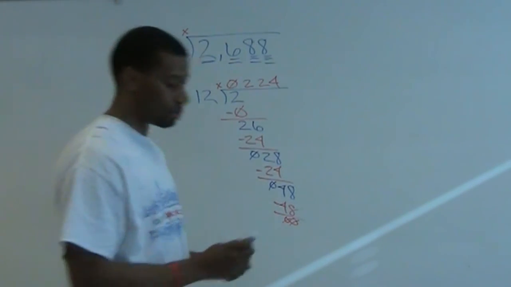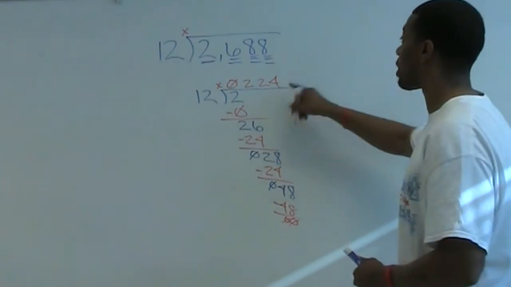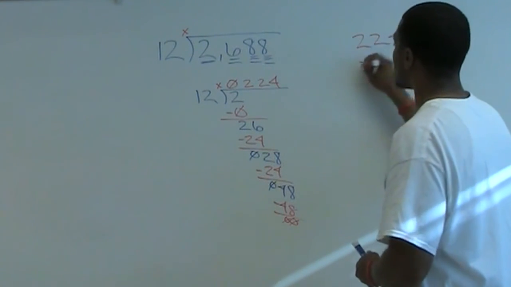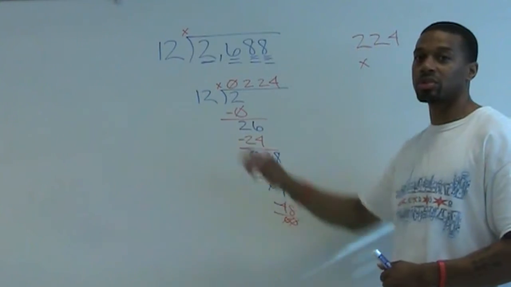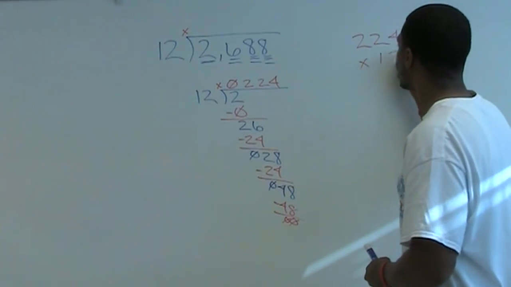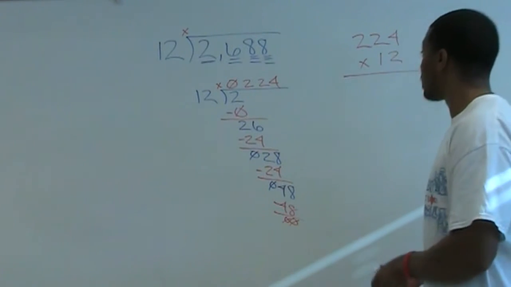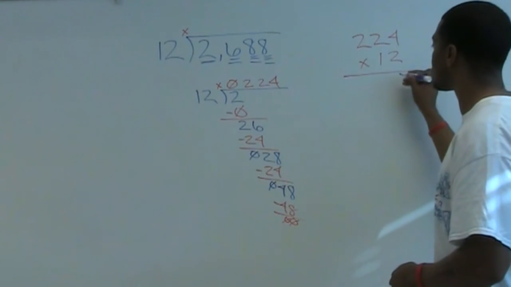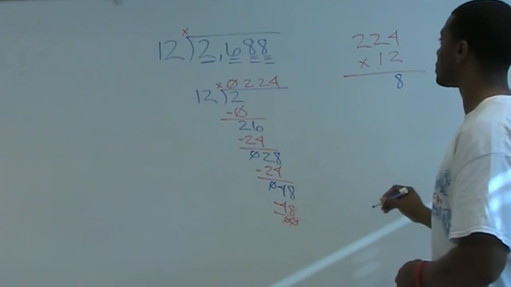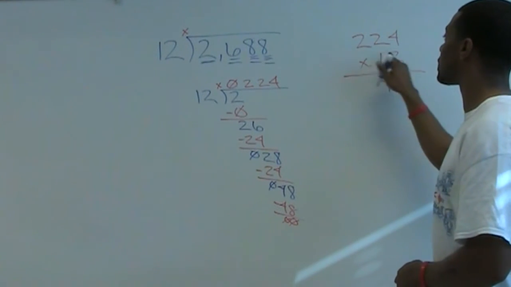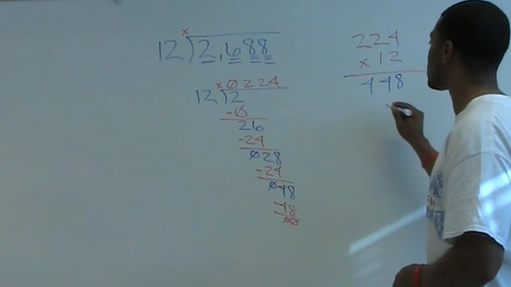Now let's check it. We're going to take our quotient, and we're going to multiply by our divisor, which is 12, to see if we're going to get our dividend. So we have 4 times 2, which is 8, 2 times 2, which is 4, 2 times 2 gives me another 4.